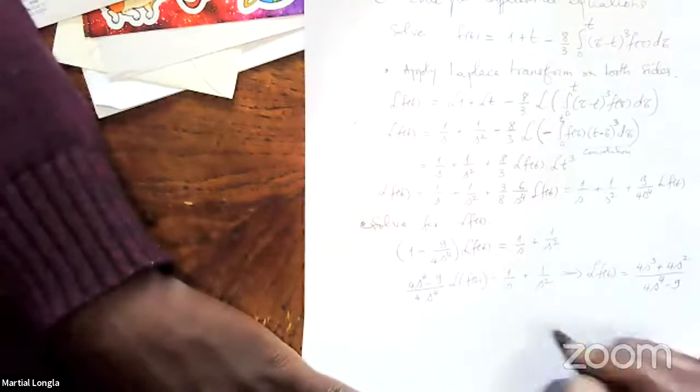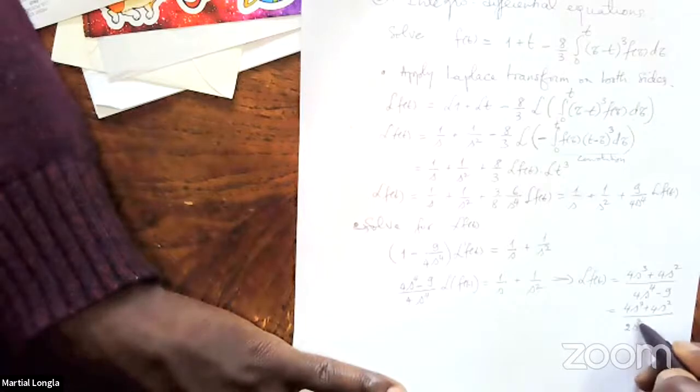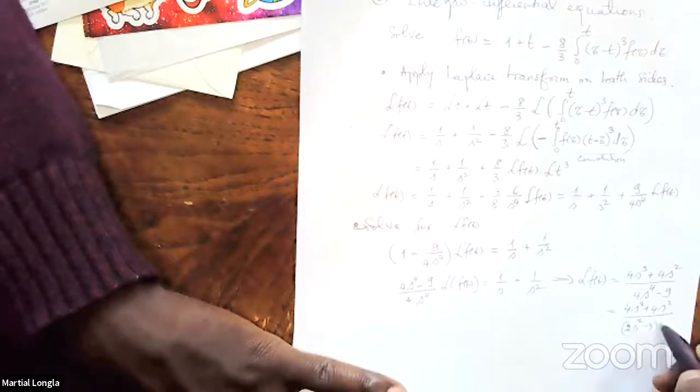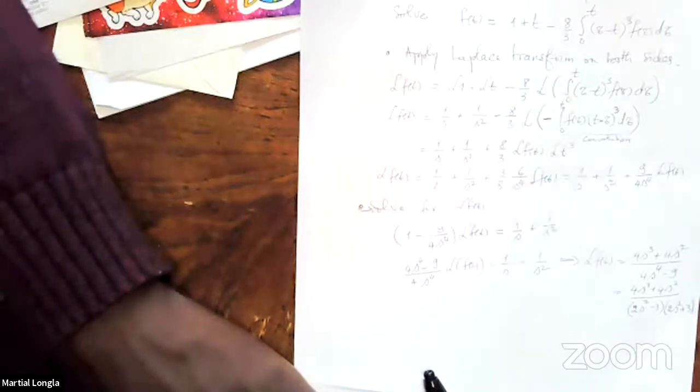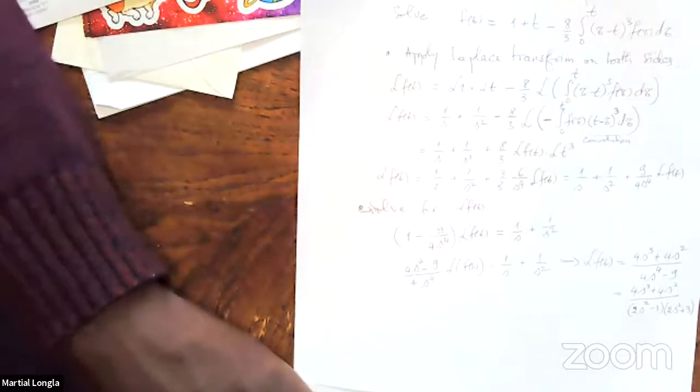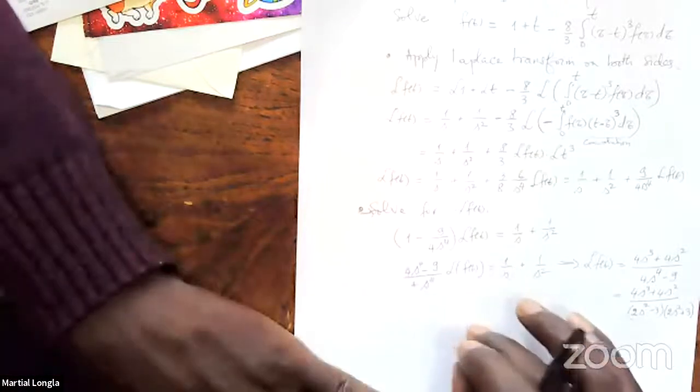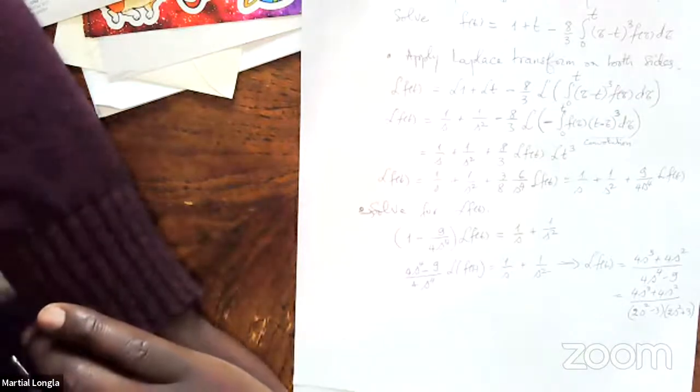All right, now here to solve this, we got to remember the things that we are used to. So this is 4s cubed plus 4s squared over, this is (2s squared minus 3) times (2s squared plus 3), right? Everybody agrees with this? Yes. So now what we need to do is to do partial fractions with these.